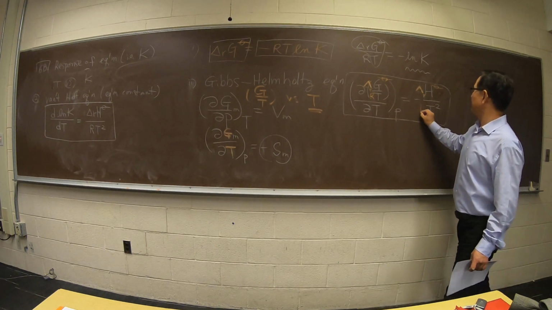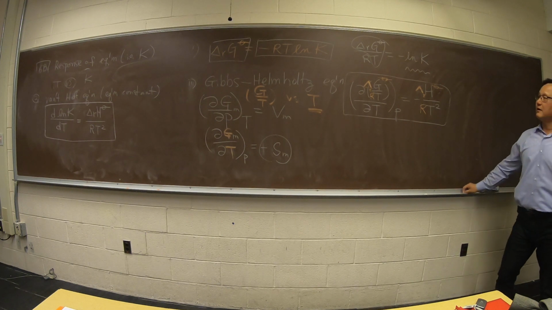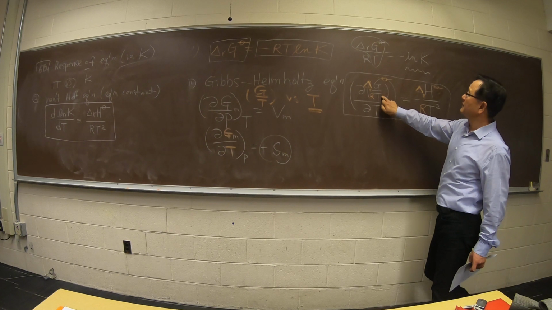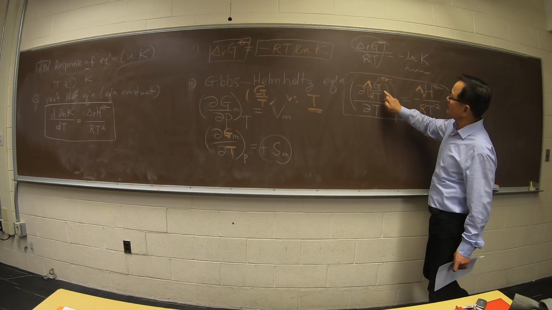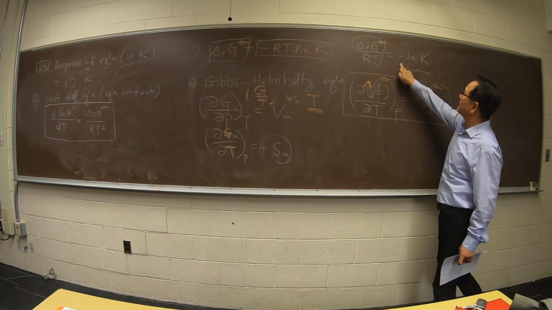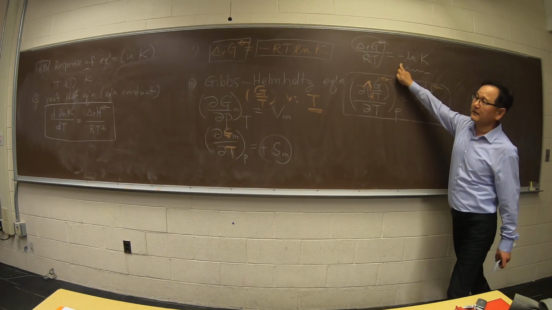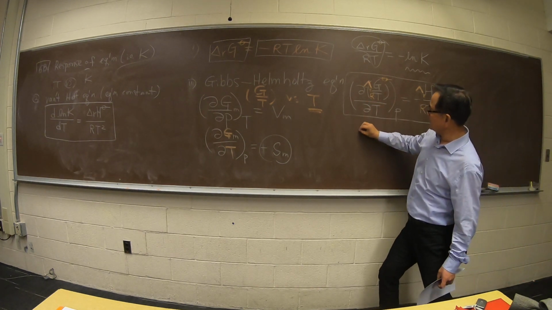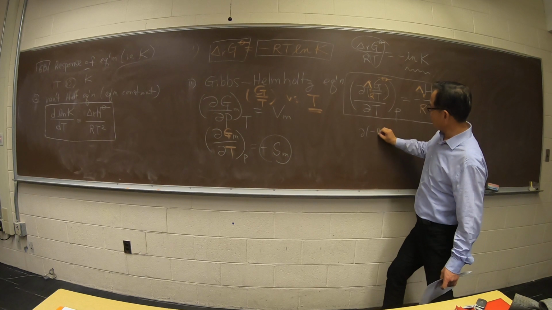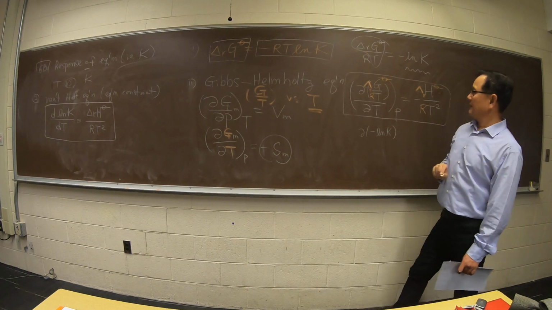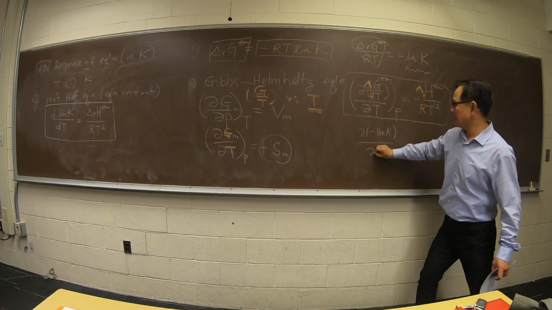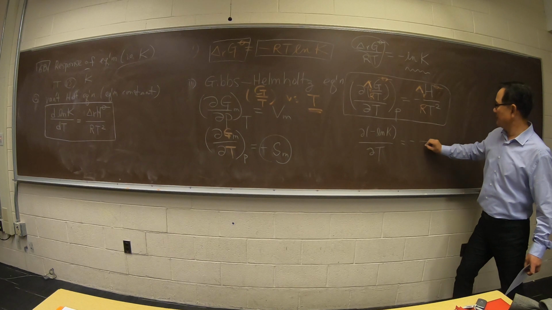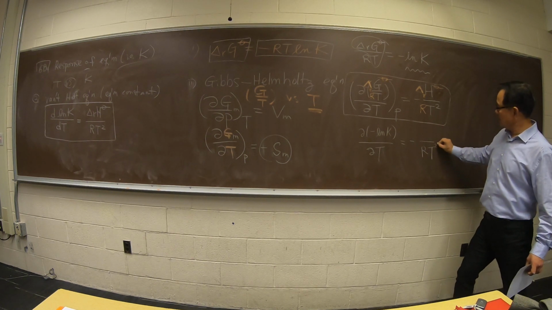So this term, delta G divided by RT, is minus ln K. Then you take the temperature derivative, and this becomes minus delta_r H naught over RT squared.